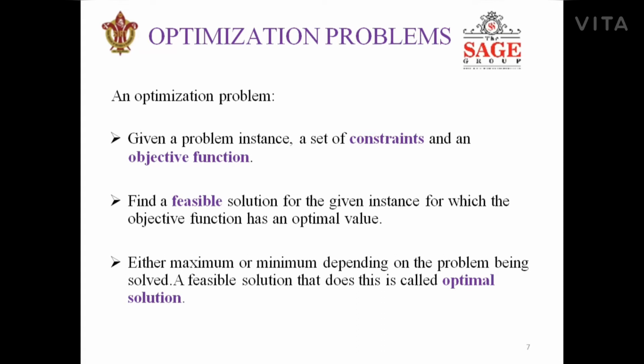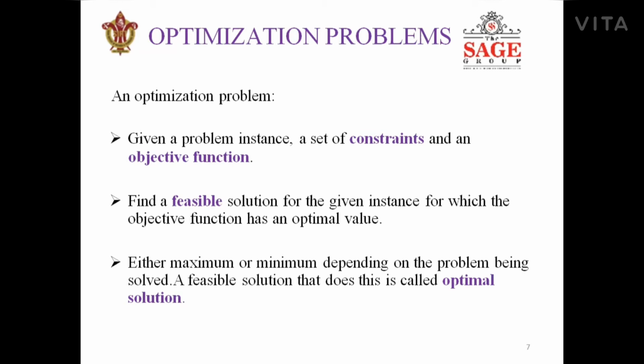By using such methods, we will be able to find a feasible solution for the given instance for which the objective function has an optimal value. By using such a step-by-step filtering process, in each stage we generate a feasible solution with the help of the inputs available in that situation, and such feasible solutions are forwarded to generate an optimal solution for that problem.